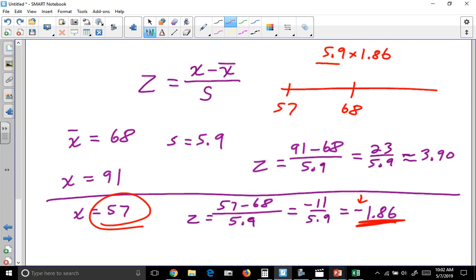We would have to go that distance 1.86 times, or a multiple of 1.86. That's how far we would have to go to the left to get to 57. So hopefully that gives you a little bit of a clue on what Z means. It's just how far in terms of the standard deviation our values are from the mean.